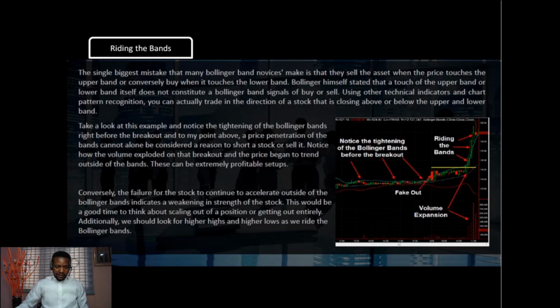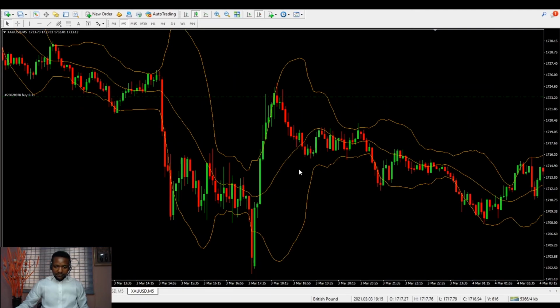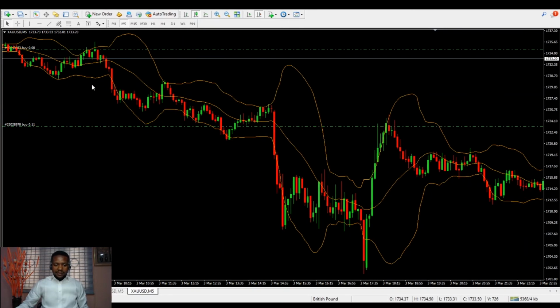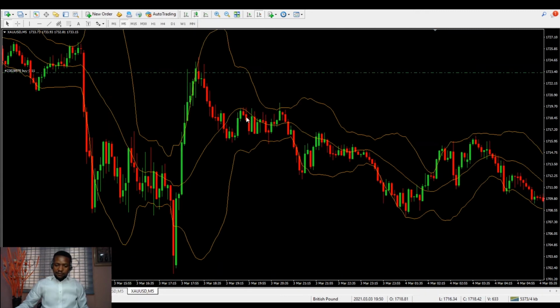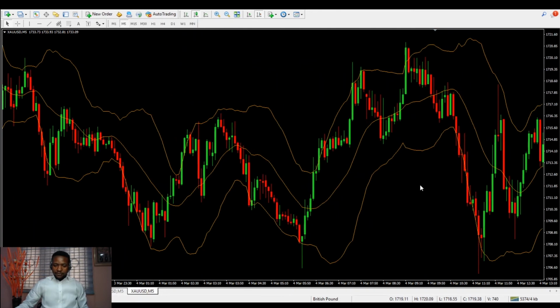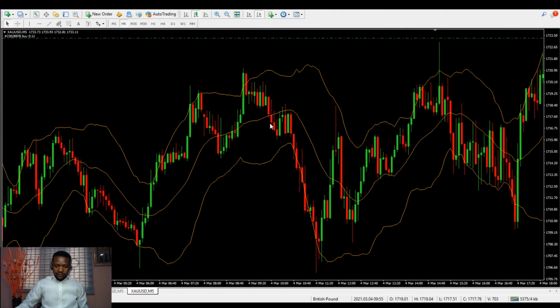This is my chart. So it simply says once you see price coming out of the band, it doesn't mean you should always wait for a change of trend. For instance, look at this part. Price came out of the lower band.